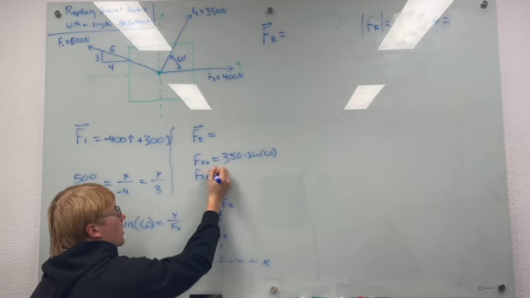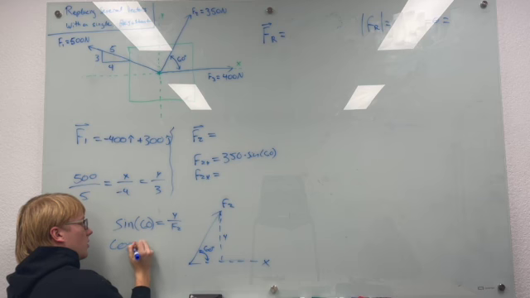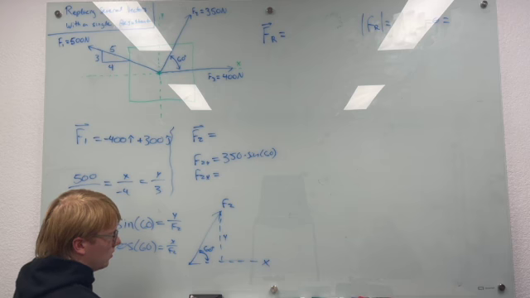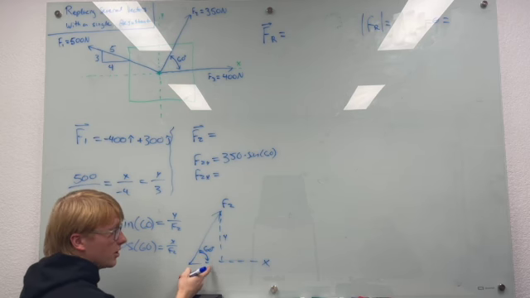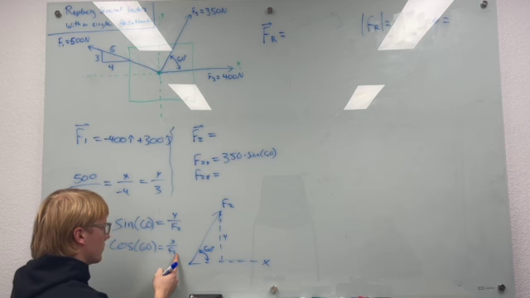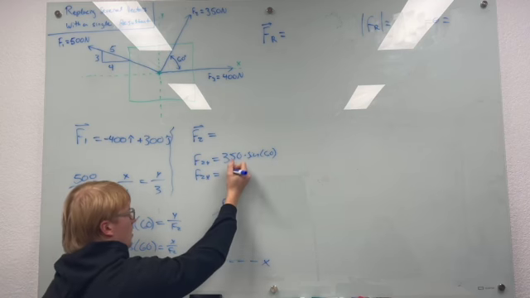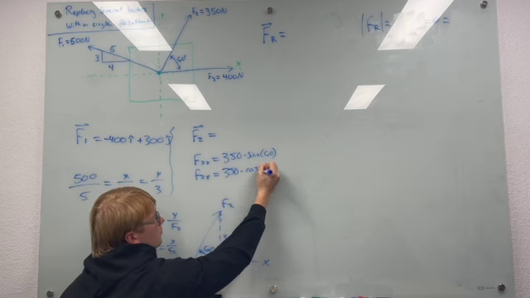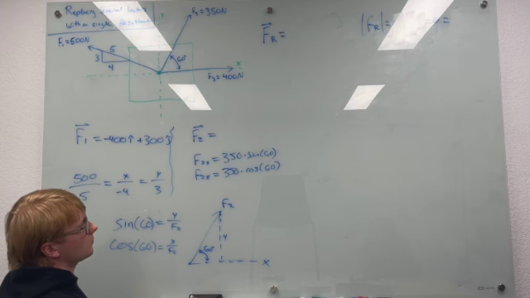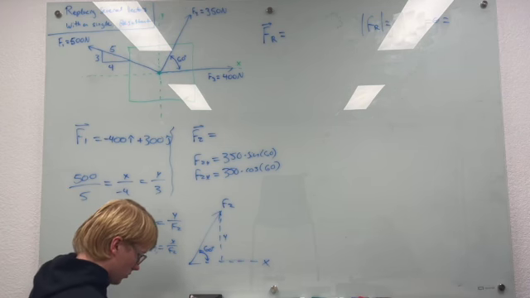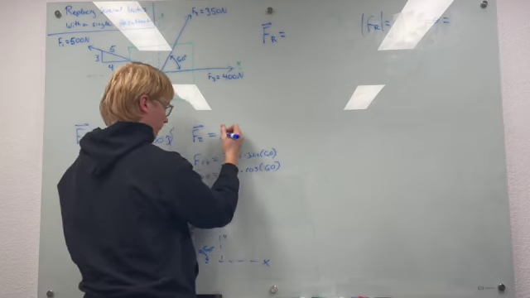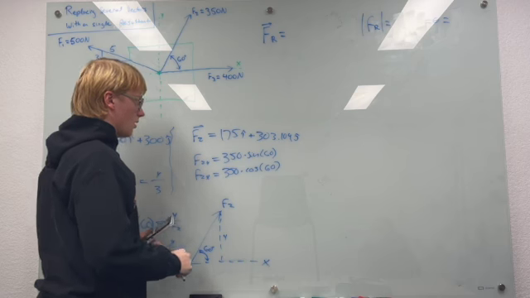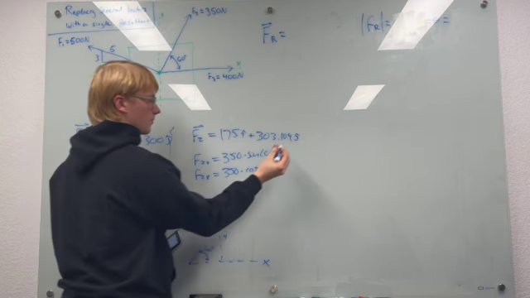We can do that same thing for the x component, except it's going to have to be cosine of 60, because cosine of 60 is the adjacent over hypotenuse. So when you solve for x, you're going to get the same thing except cosine. So those are the two harder ones.